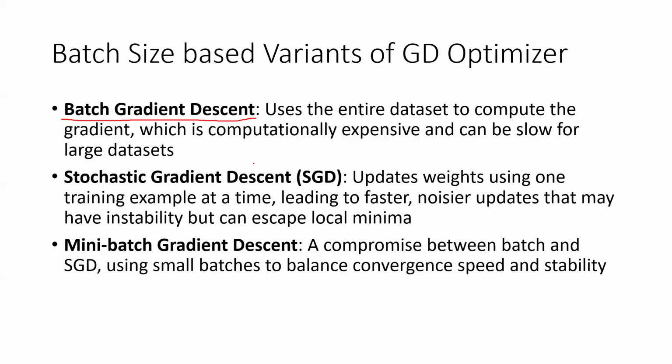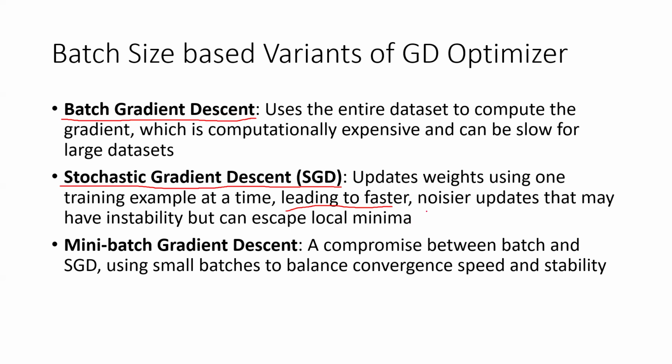When you have a very large data set, you can use stochastic gradient descent instead, where you are using each of the data points for updating the parameters. The upside is that you can learn faster.